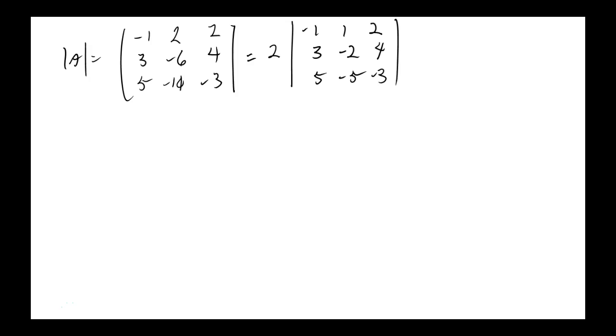No other little tricks like this, let me hint. We want to row reduce or column reduce, either one. Okay, twos, yeah, what we did, I hope I did it right.